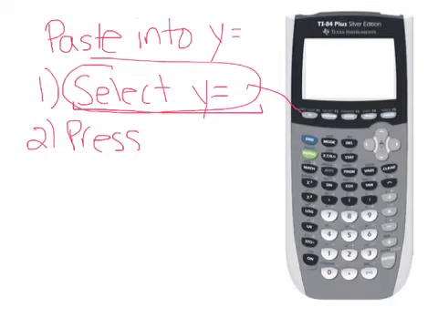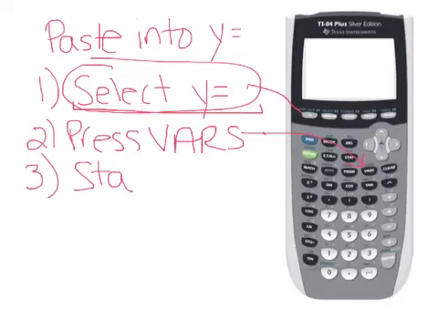From there, we're going to go to vars. Go to the vars button, which is right here. And then under the vars menu, we're going to go to statistics, which is option 5. Under the vars menu, we'll press statistics, which was option number 5.